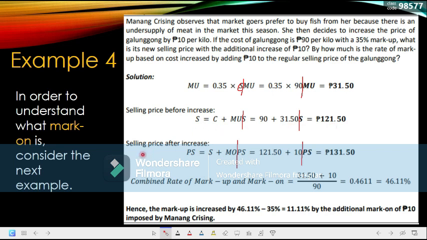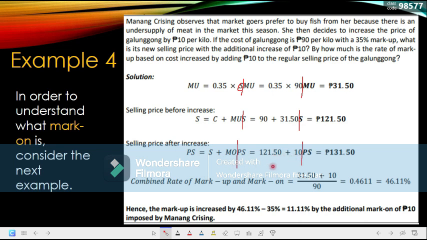Now, the selling price after increase. So, what would be the selling price after increase? We have here the selling price is equal to the regular price plus the mark-on. Remember, our regular price is 121.50, or 121 pesos and 50 centavos. And then our mark-on given is 10 pesos.